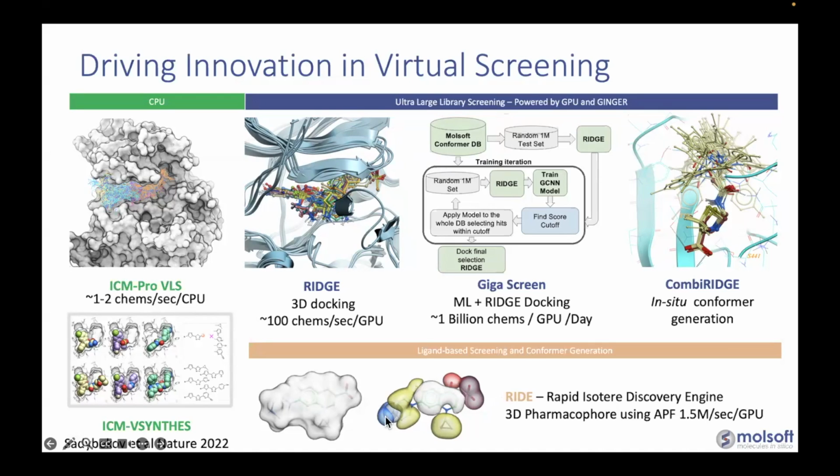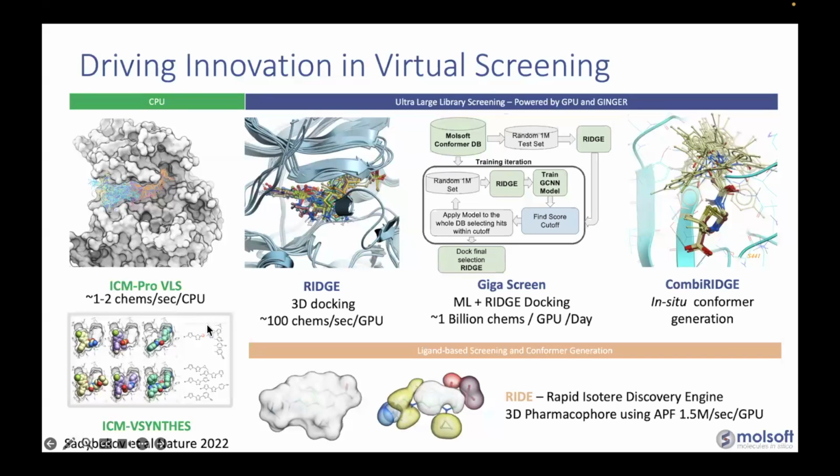And rather than matching substructure, you're matching the 3D pharmacophoric properties. And it's about 1.5 million chemicals per second per GPU. You can also use this for structure-based screening as well. So you can combine the score of how well your ligand matches these fields as well as the structure-based score. So I just wanted to point out, these are all available.